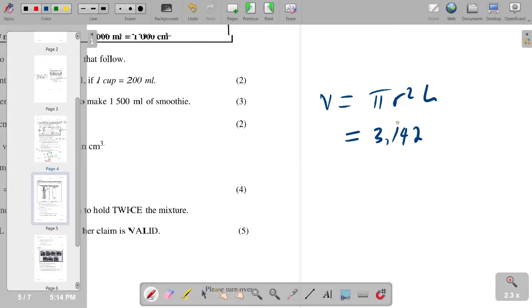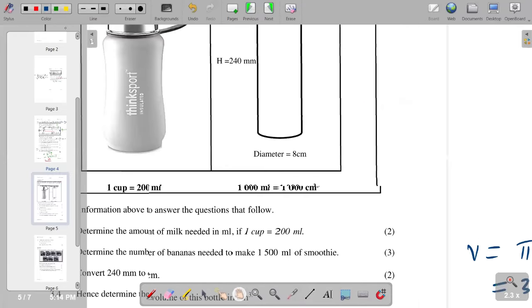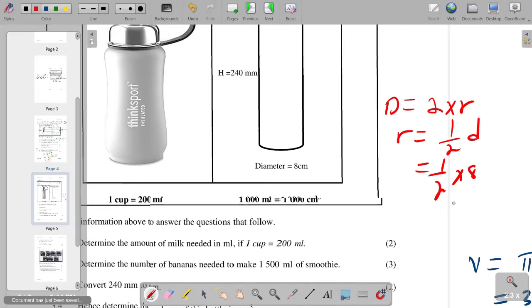Then we look for the radius. If you go there, you see that our diameter is 8 centimeters, of which diameter is equal to 2 times radius, of which radius will be equal to half diameter. So in that case, our diameter is 8 centimeters, so our radius becomes half times our 8, and then we get our 4.